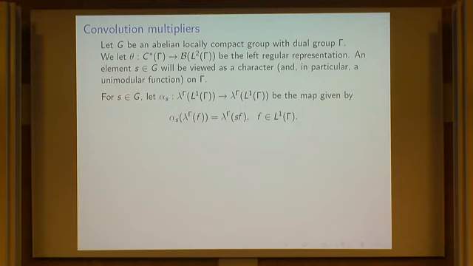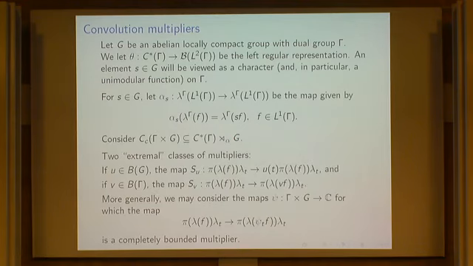Starting with the generator lambda gamma of f, where f is an L1 function on gamma, defined on gamma, I can multiply it pointwise with the character s. I have another function. I can consider the map sending the left regular represented f to the left regular represented sf. So this is an action on C-star of gamma.